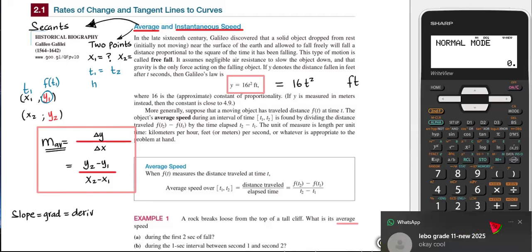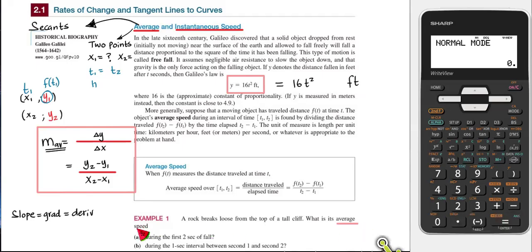What is the average speed during the first, the keyword first, 2 seconds? The first 2 seconds start from 0. You definitely start from 0. Let's just go by intervals of 1: 0, 1, 2.